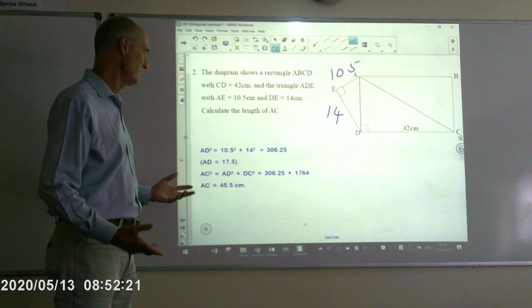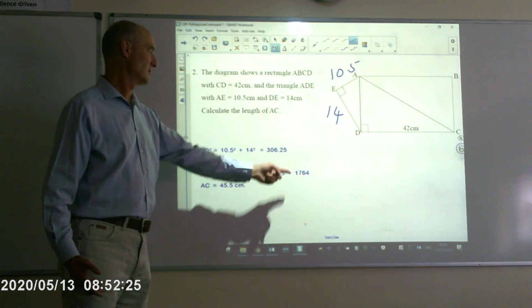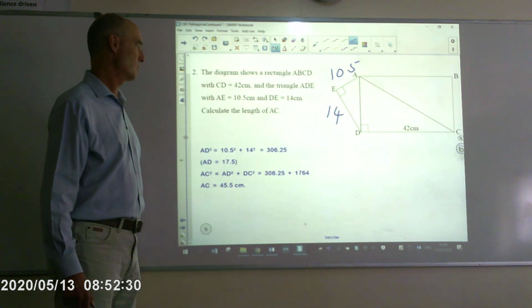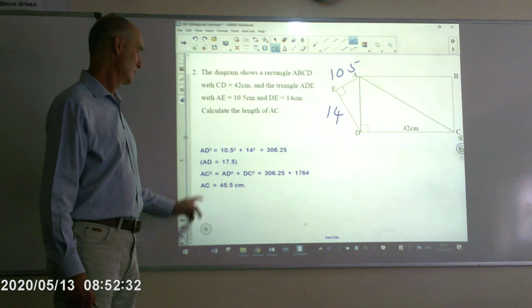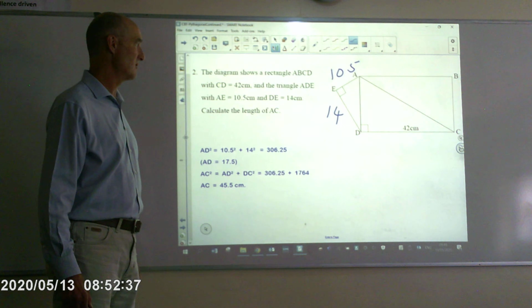Doesn't matter that we have, but AD squared plus DC squared is 306.25 plus 1,764. Square root of that result gives us 45.5 centimetres for our answer.